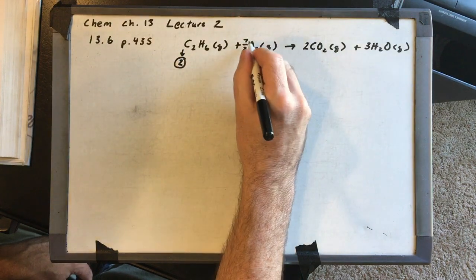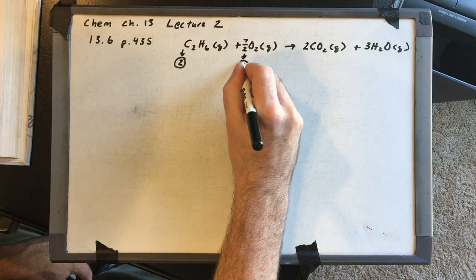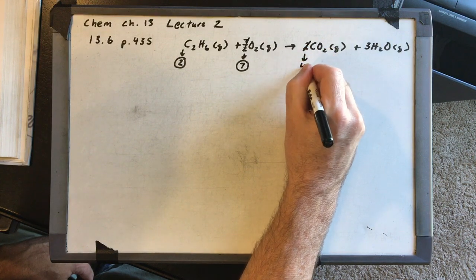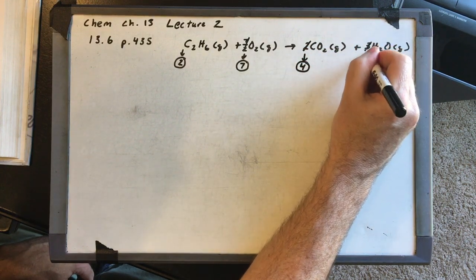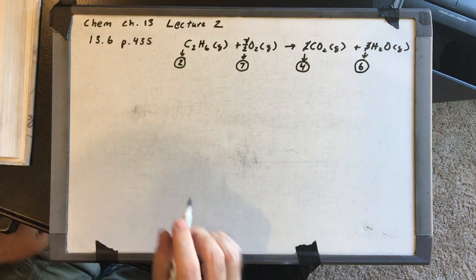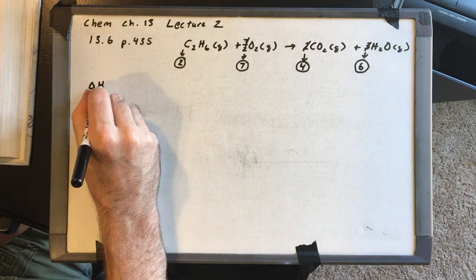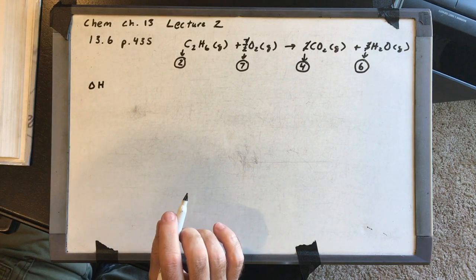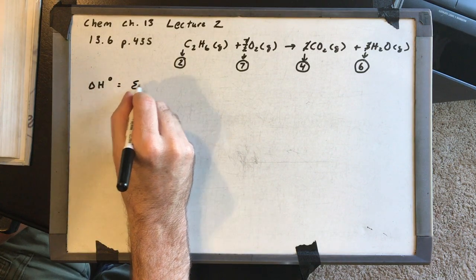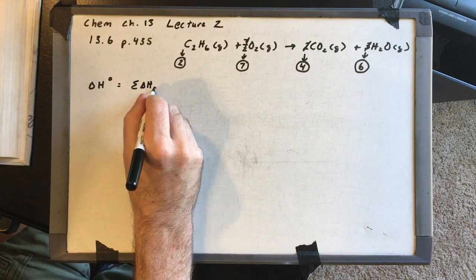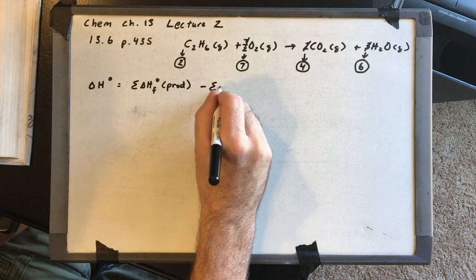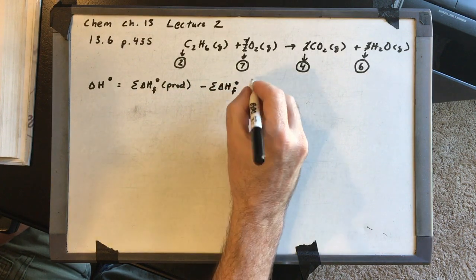So I'd have a 2, a 7, a 4, and a 6 for those coefficients. So we need to get delta H, and then we can see how much energy is released after we get delta H. So delta H, remember, using Hess's law, we're going to sum up the enthalpy of formation of the products minus the sum of the enthalpy of formations of the reactants.